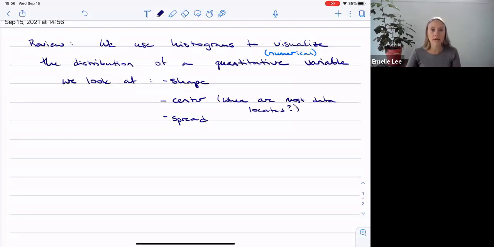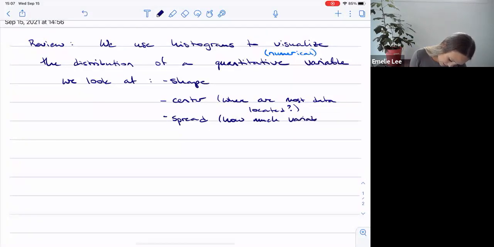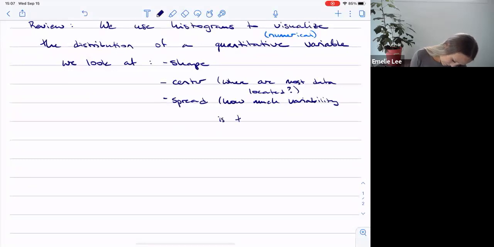And then the spread: from that center, how much of a spread are we expecting to see? How much variability is there?